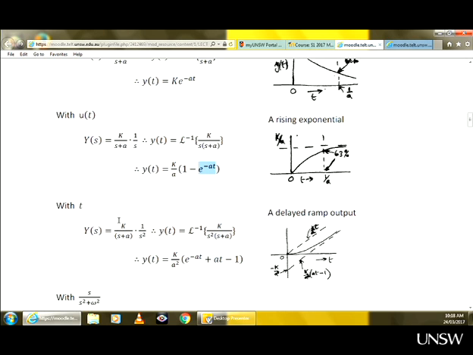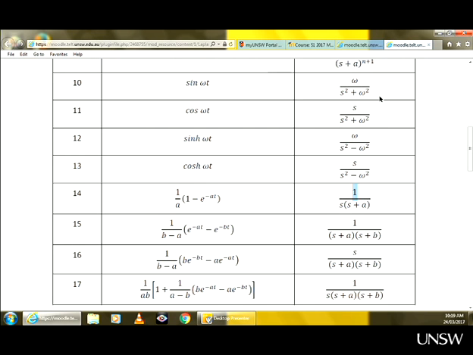I don't think we've had this example so far. So when you have a unit ramp applied as the input to the same system, then you have k over s plus a times 1 over s squared. Output will be the inverse Laplace transform of that. And we can still rely on our tables.